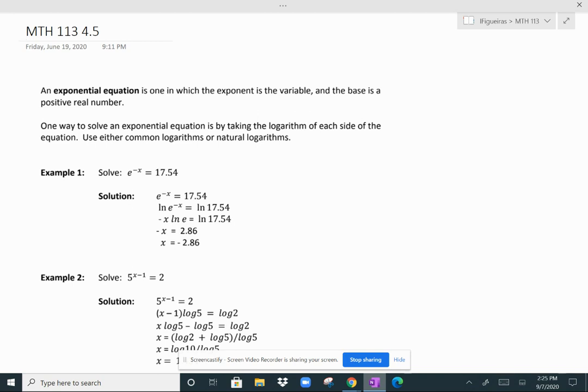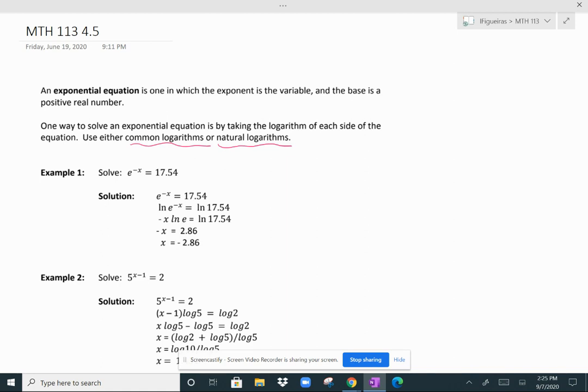One way to solve exponential equations is by taking the logarithm of each side of the equation, and we want to use either common logs, which is just log, or the natural log, which is the ln function. Remember, common logs have a base of 10, and the natural log has a base of e.